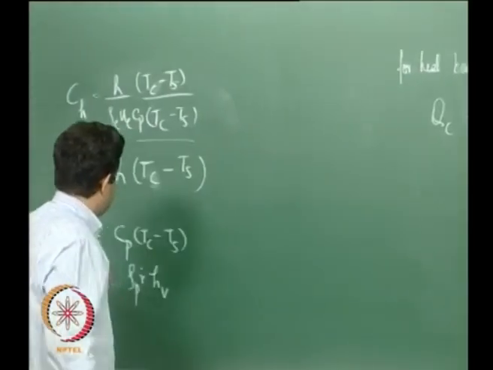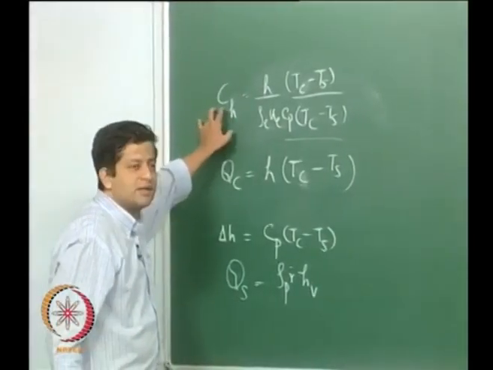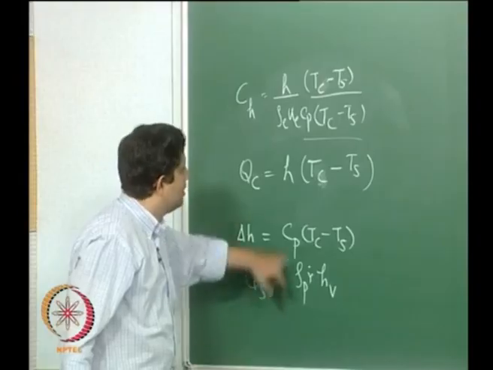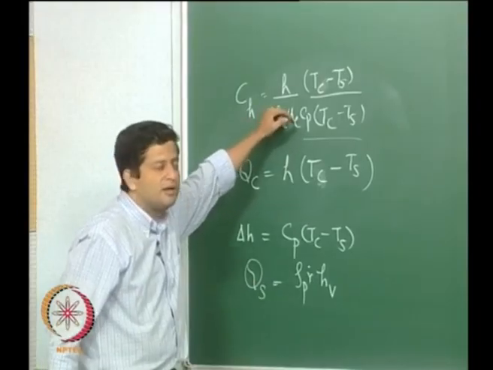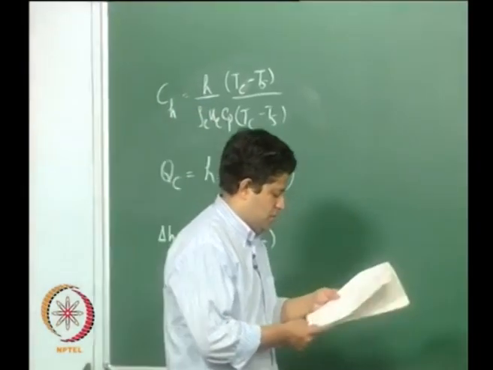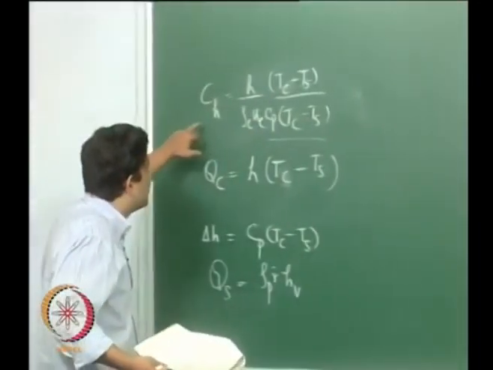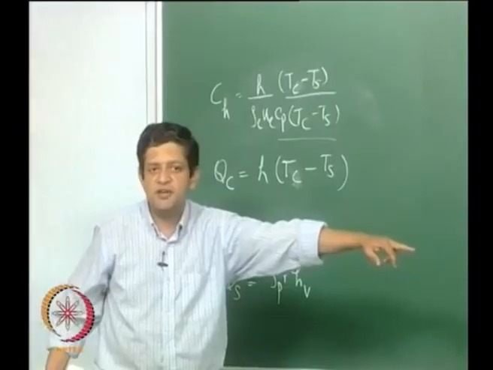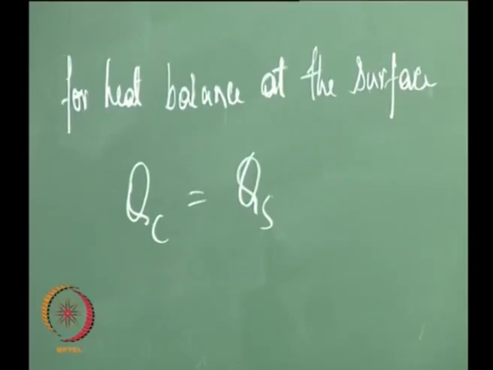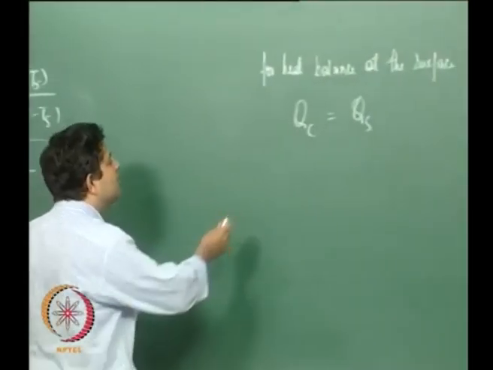So, I can now replace this in my Stanton number definition, right. And Stanton number, this also I know is nothing but Cf by 2, right. So, I will use that.